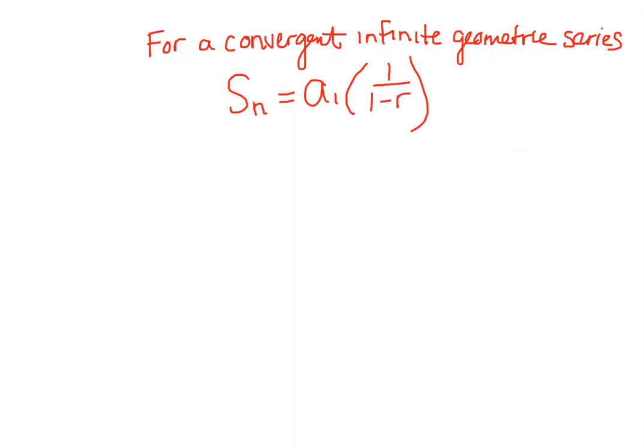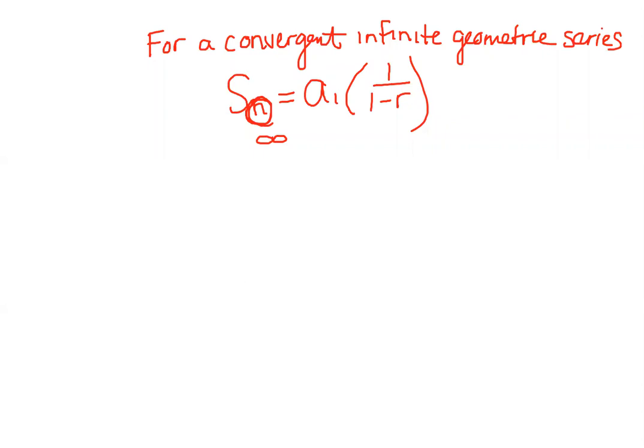Now think of what the difference is between where you would use this formula and the one that we were just doing with the other problems. The other problems had a finite number that we were adding up. We knew what n was. We wanted to add up the first 38 terms or the first 3 terms. Here, n is infinity. We're adding them up all the way to infinity.